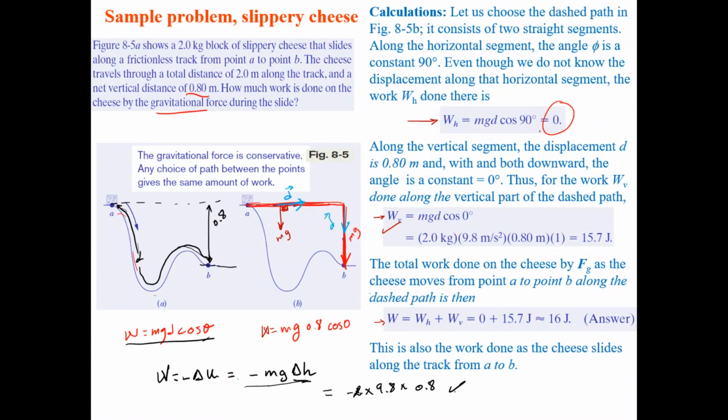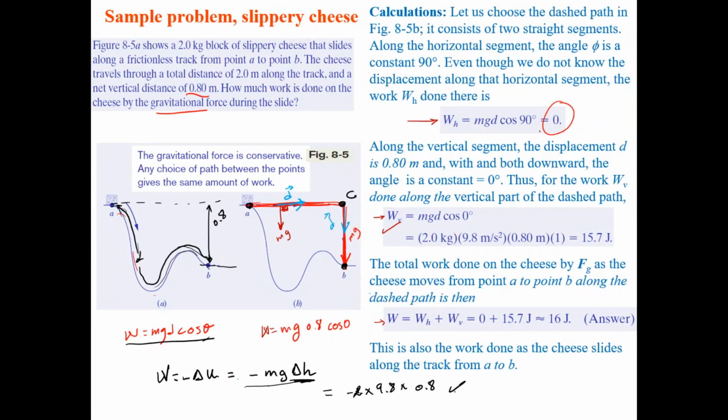I want you to see how the problem here approaches the question. What the problem does is, rather than directly looking at delta H, they say, let's consider that instead of going from A to B, we go from A to C horizontally and then down to B. And that is okay because the gravitational potential energy is independent of the path.